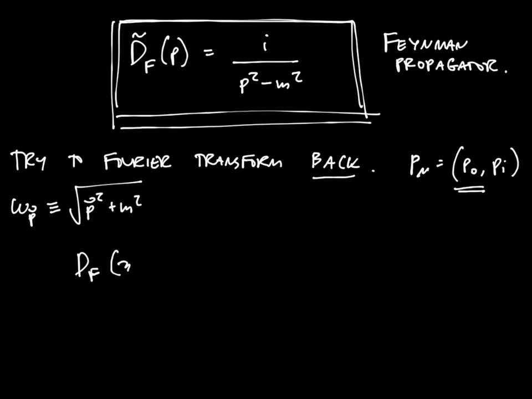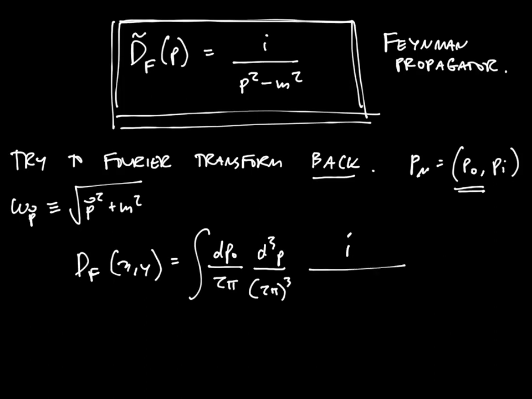I have the D_F of x and y, the integral dp^0 over 2 pi, d^3p over (2 pi)^3. Now here I'm just plugging in the value of D_F twiddle of p. It's p naught squared minus p vector squared minus m squared.